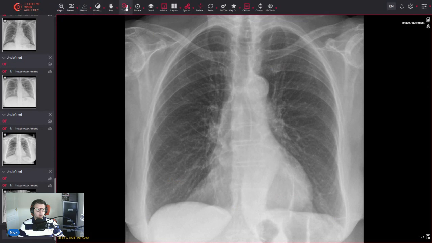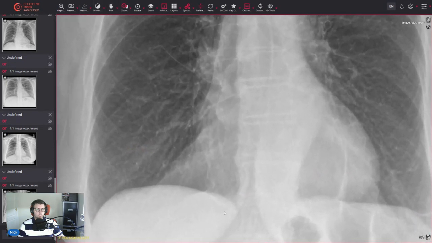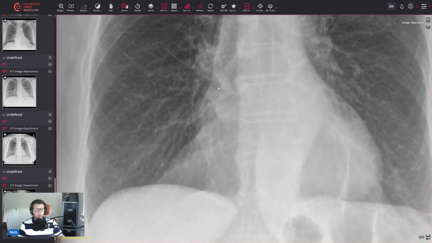Okay, this one. If we look here, we've got a really nice heart border on this left-hand side. We can see it all the way around. But here, we're not really seeing that right heart border clearly. And we've got this triangular-shaped density here. This is a pericardial fat pad.